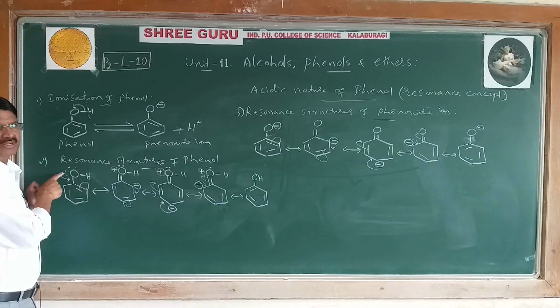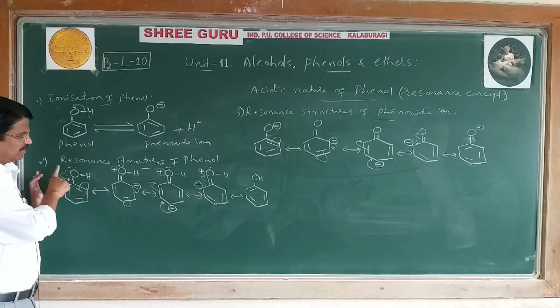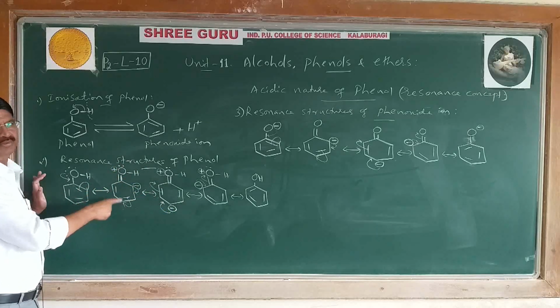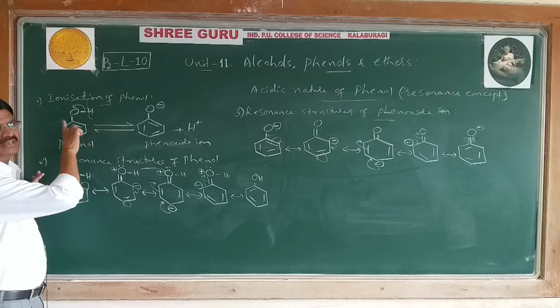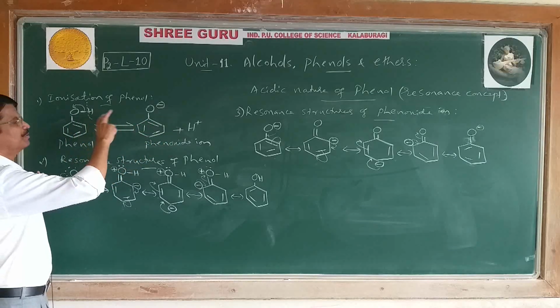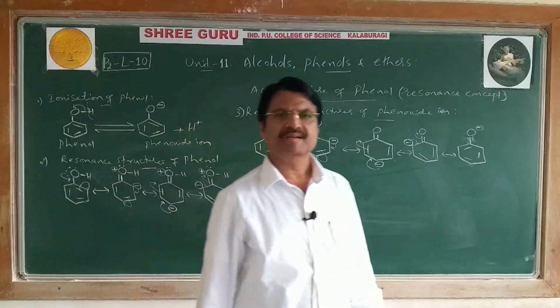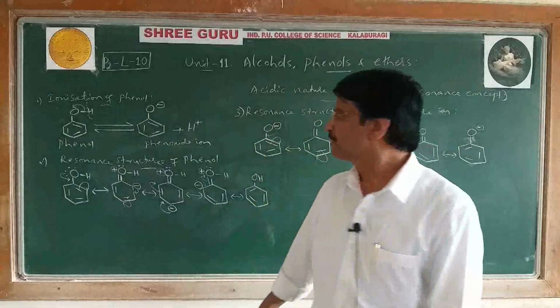Because the electron pair of oxygen is delocalized with pi electrons of the aromatic ring or benzene ring, and charge separation occurs. Due to charge separation, it is said to be less stable than phenoxide ion. If it is less stable, then ionization is more, giving a higher concentration of hydrogen ions, or the equilibrium shifts towards the right side. And this proves that phenol is acidic in nature.